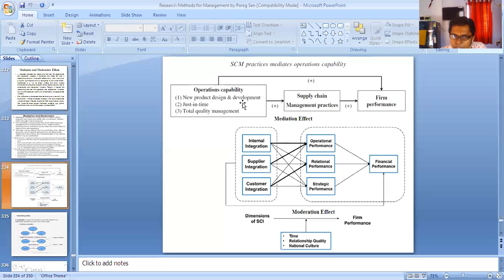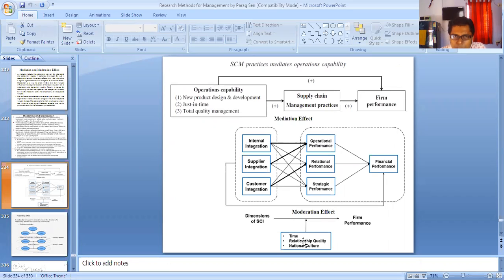Okay. If this relationship is not significant, or if the path coefficient is less, then usually it is neglected. And there is another thing that is called moderation effect.